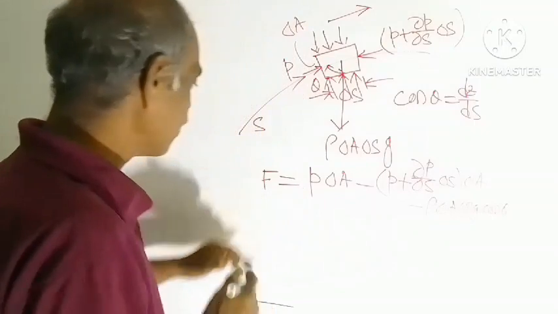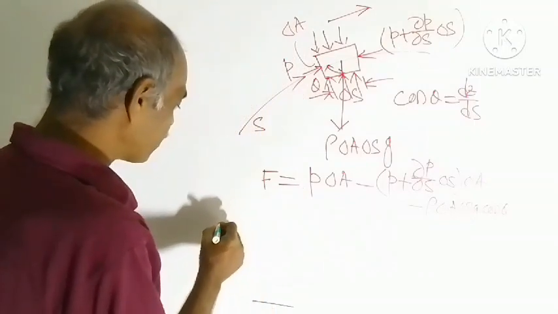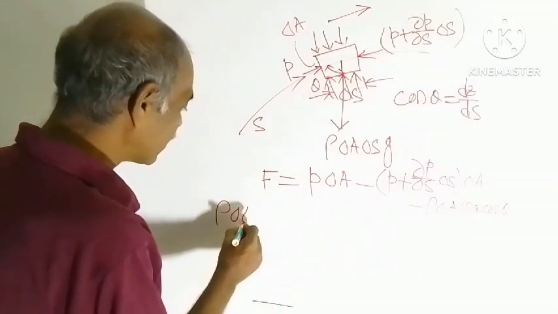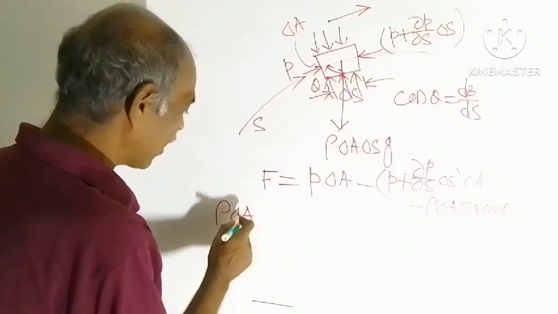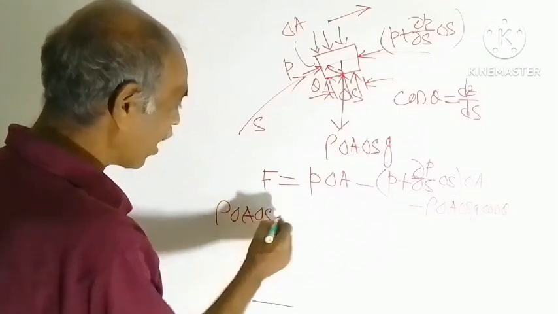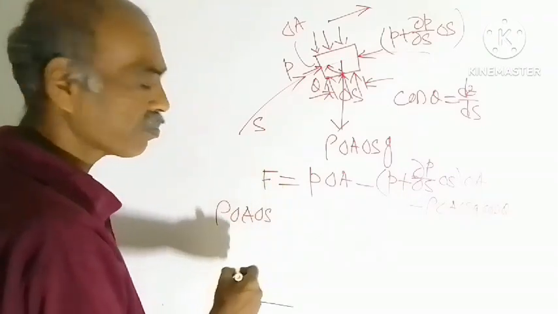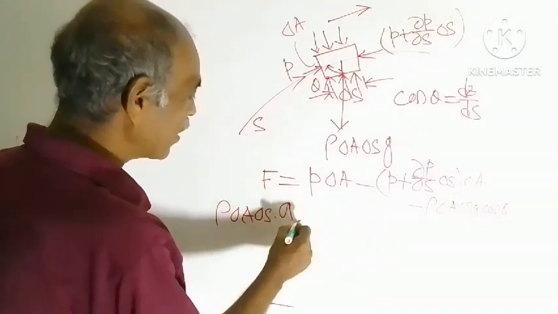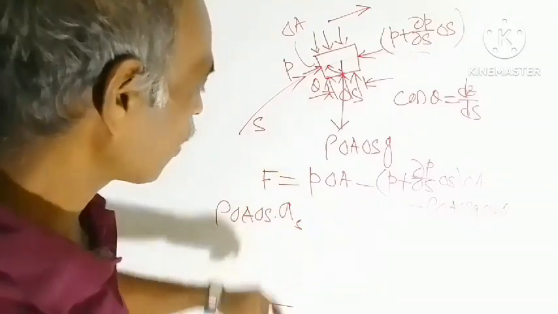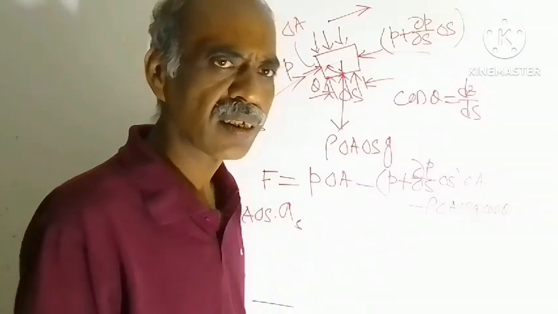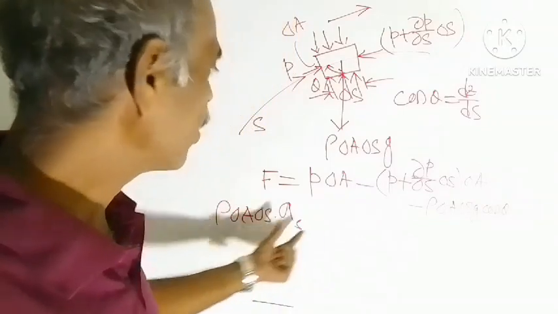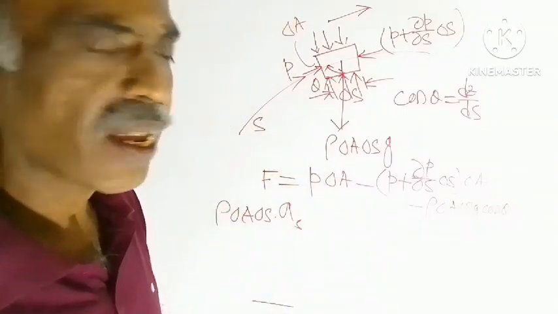So the left hand side can be replaced by rho delta A delta S, mass, into acceleration. Say acceleration is denoted by a_s, s is the suffix, s for streamline. So this way you can write.